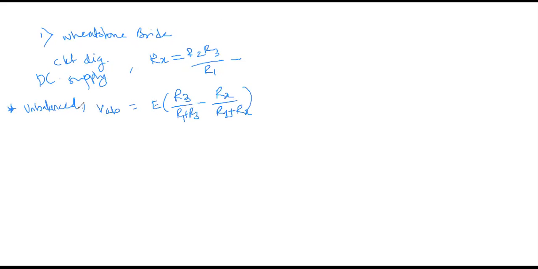This is the Thevenin's voltage VTH, which we also called VAB. RTH, the Thevenin's equivalent resistor, is calculated by the equation R1 R3 divided by R1 plus R3 plus R2 R4 divided by R2 plus R4.